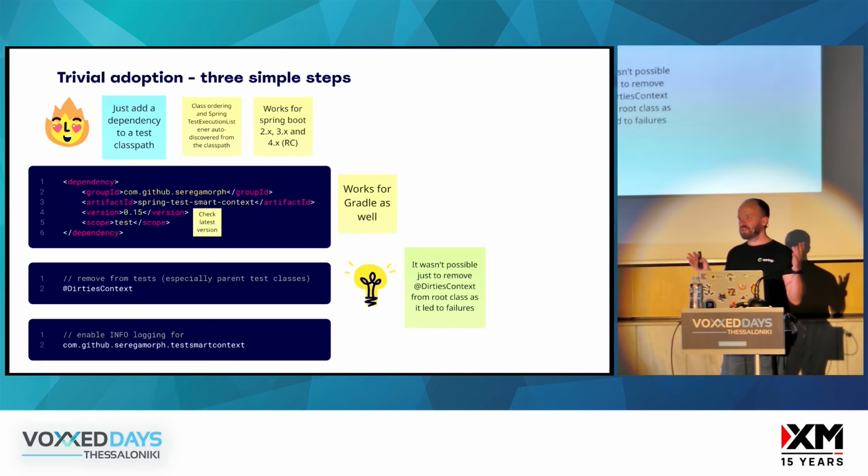And the instruction is pretty simple. Add a dependency, remove dirty context from your test classes to rely on smart dirty context logic of the library. Optionally, you can extend logging to have more information.